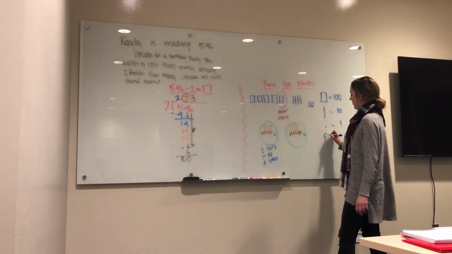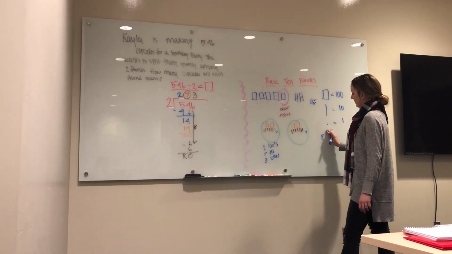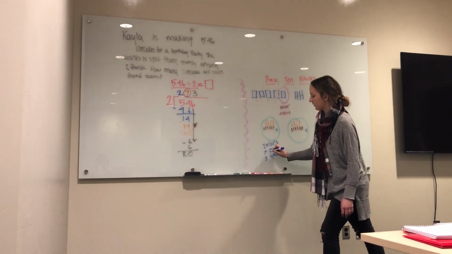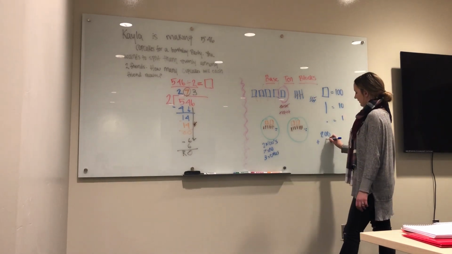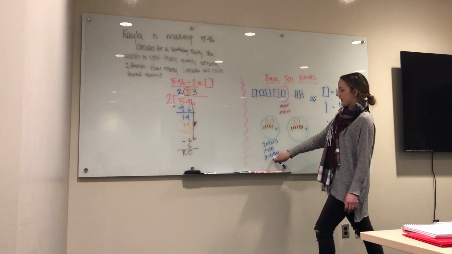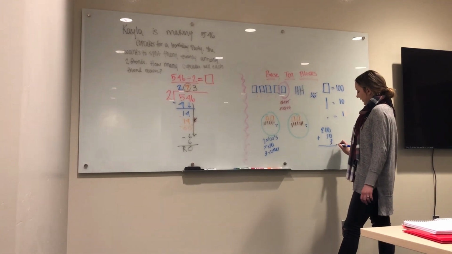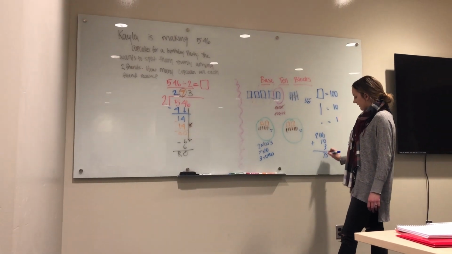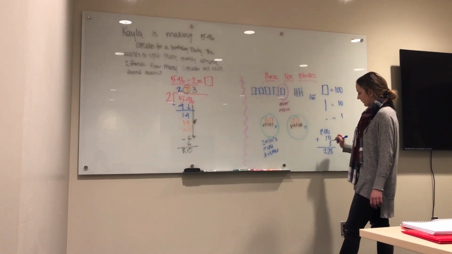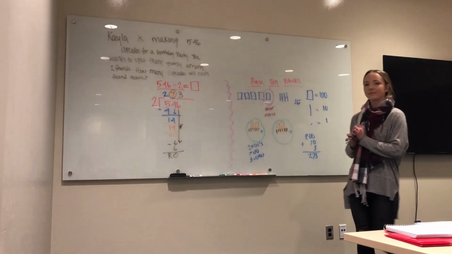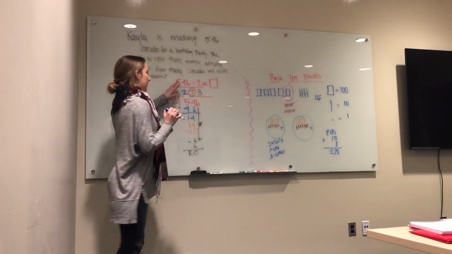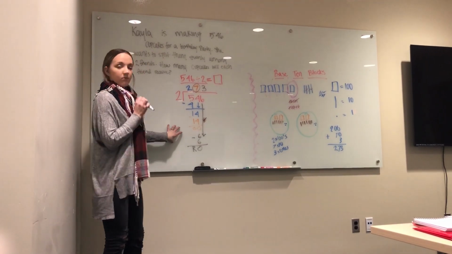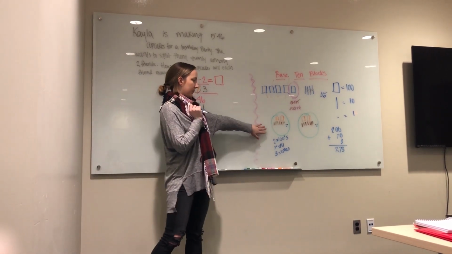So if you add 200 plus 7 times 10, which is 70, and 3 times 1, which is 3, if you add that up, 3 plus 0 is 3, 0 plus 7 is 7, and 2, bring down the 2. You have 273. And so, like I said over here, 273 is what each friend receives, and 2 times 273 is 546, which was represented in the US standard algorithm, and which is also represented in the base 10 blocks.